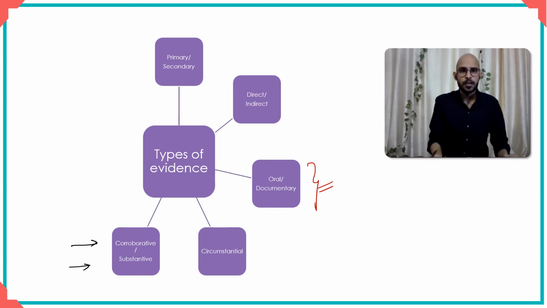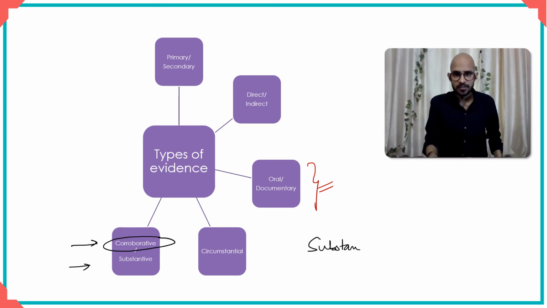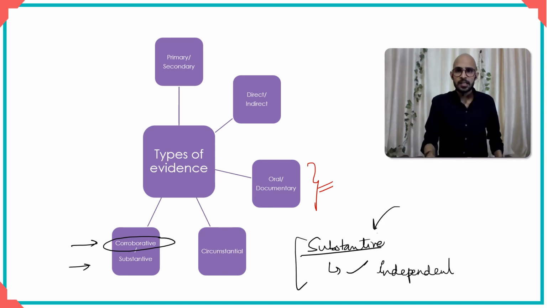On the other hand, corroborative evidence is the kind of evidence that is not really evidence by itself, but it can be used to strengthen or to support an existing piece of evidence. So we understand it like this, that substantive evidence is something which is good evidence even independently, even by itself, whereas corroborative evidence is a kind of supporting evidence.